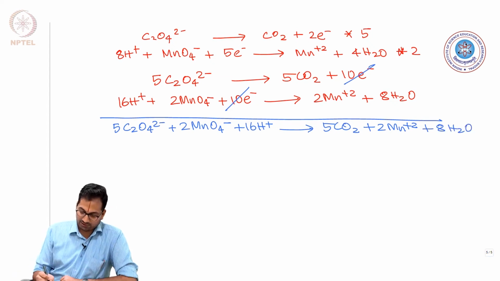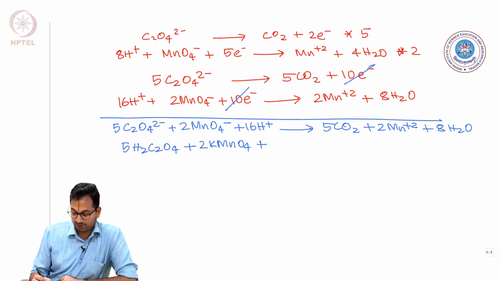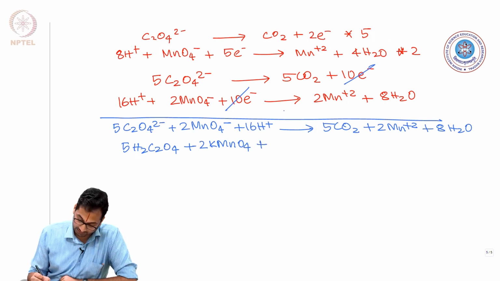Of course, you are able to see the fact that you need about 10 protons here, as oxalic acid has the protons. So if you move the 10 here, you are going to have 5H2C2O4 plus 2 KMnO4 plus, so how many protons do you have left? You have 6 protons left.